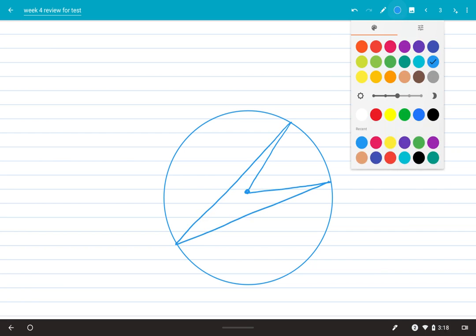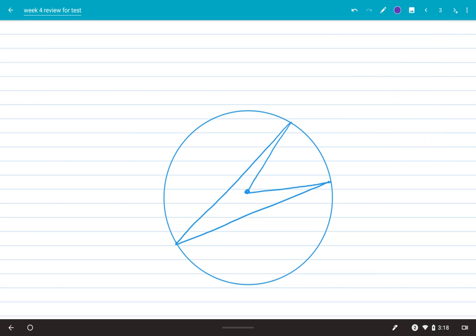And if I said this one was, let's see, 20 degrees, we want to find this. So the first thing is, we start with what we know. So we have this angle. It's related to this arc, okay? And we know when it starts from the edge, it's an inscribed angle. The angle is half the size of the arc. So we're going to make this one 40. So we have to double it.